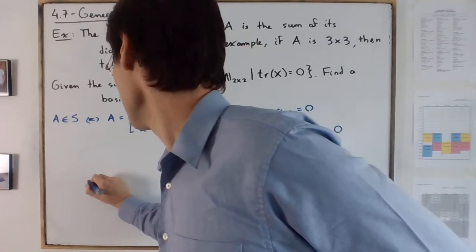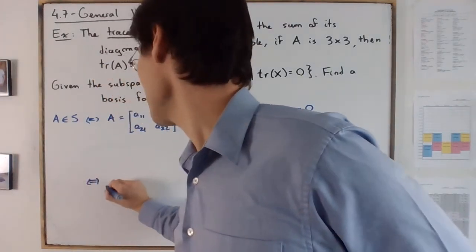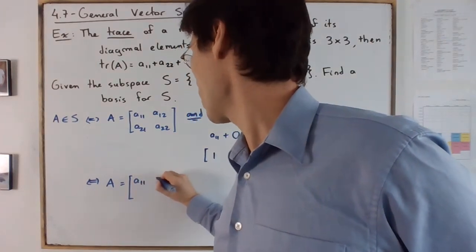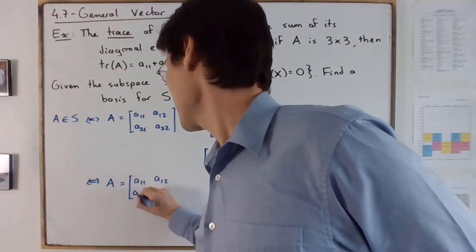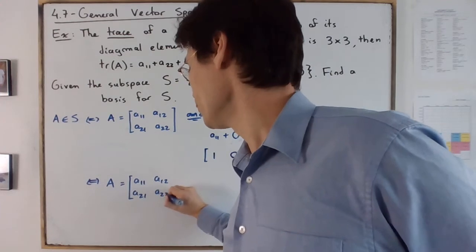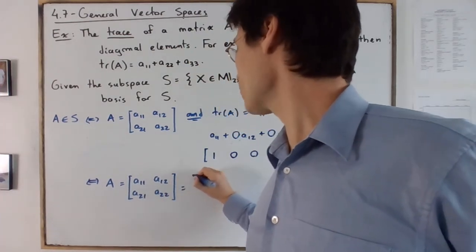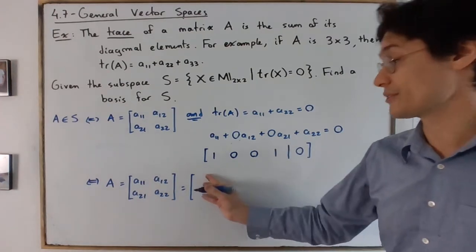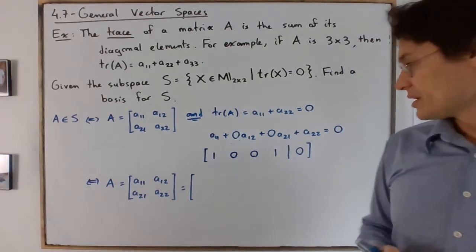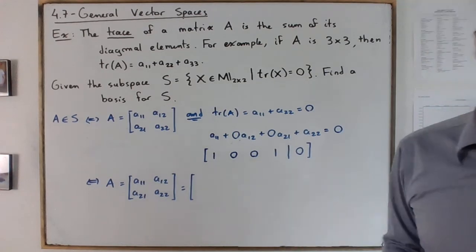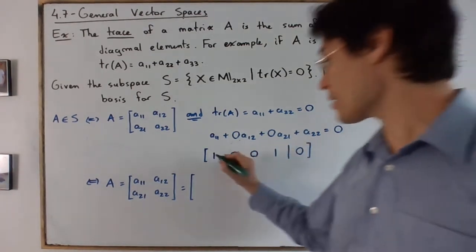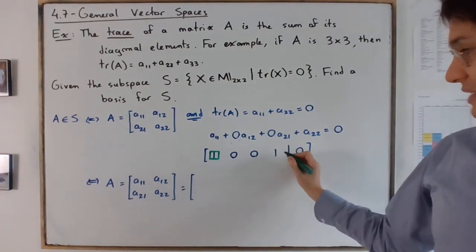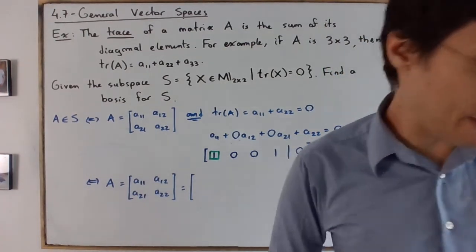So, if and only if A, which is A11, A12, A21, A22, is equal to, and now we're going to write the solution set, but not as a vector. We're going to write it as a matrix. We have one pivot, so the only basic variable is A11, which means that we have 3 parameters.